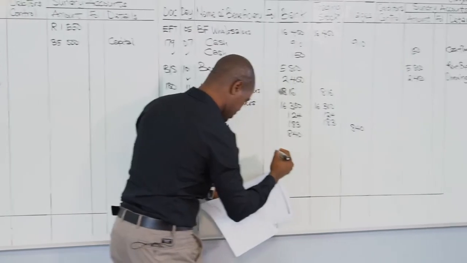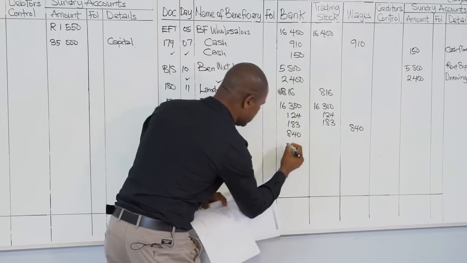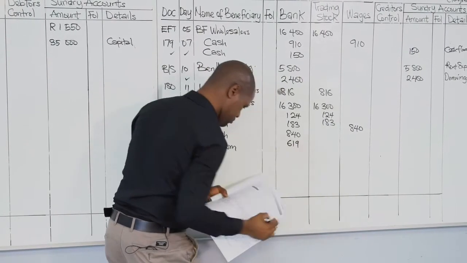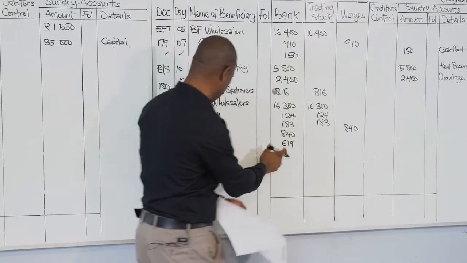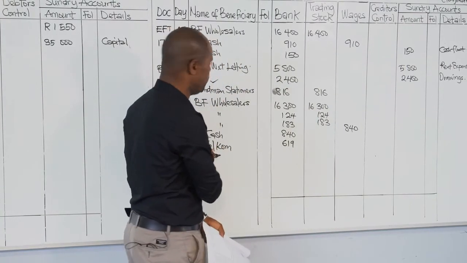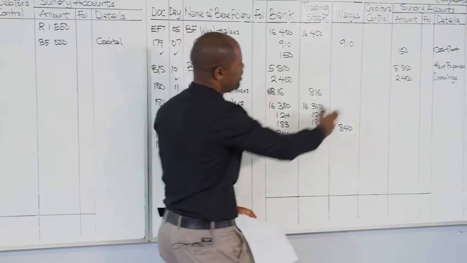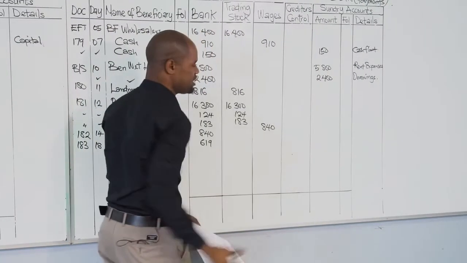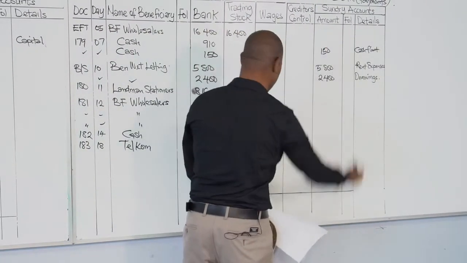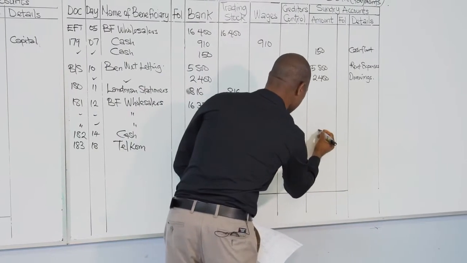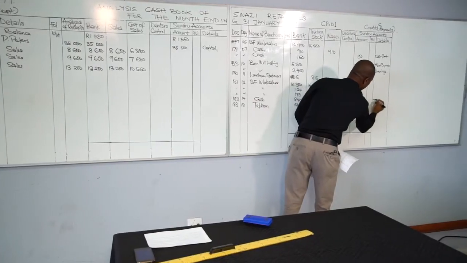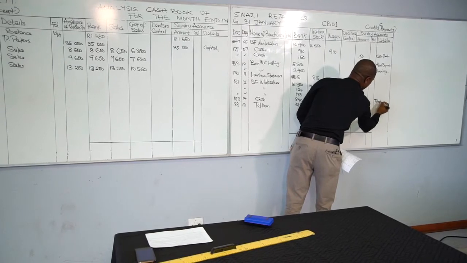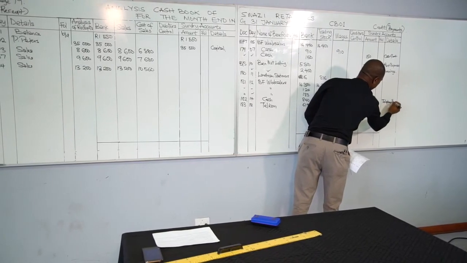The amount is 619. This is telephone expenses, but we don't have any column for telephone expenses, so it goes into our sundry account as the amount 619, and it's going to be telephone expenses.